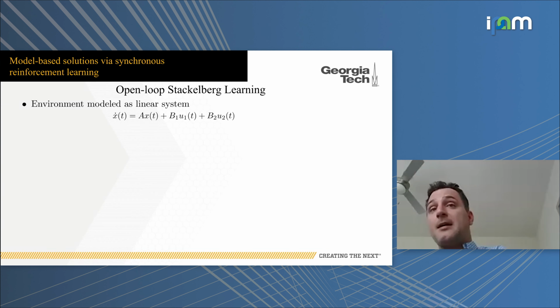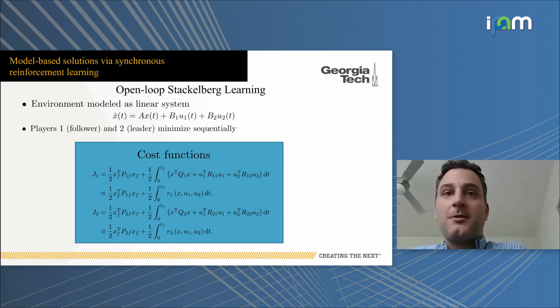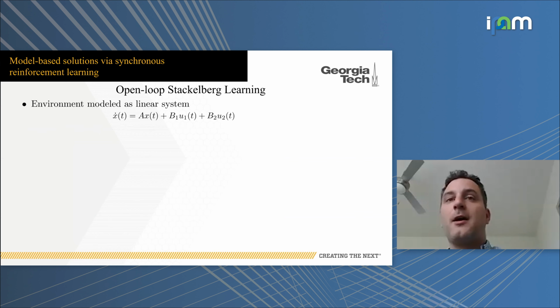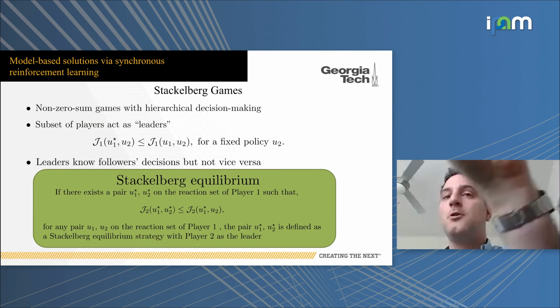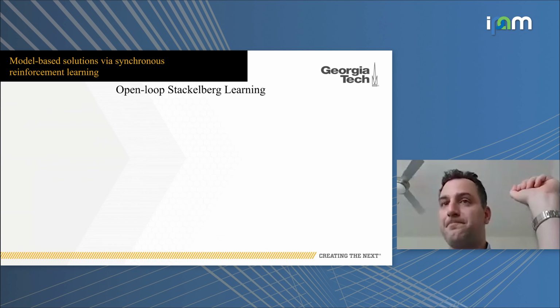This will be a sequential optimization: one announces the strategy and then the other plays. Here we will not do it over infinite horizon, but we will assume these structures for our costs, and then try to see what we can do to develop the Stackelberg solution.